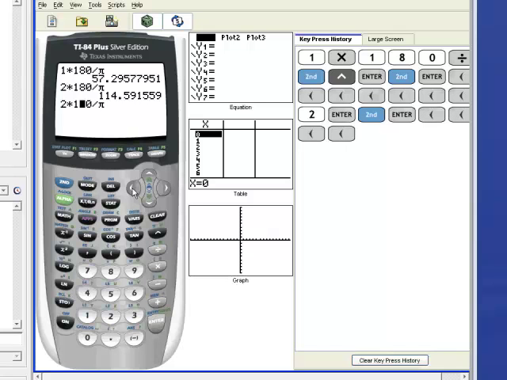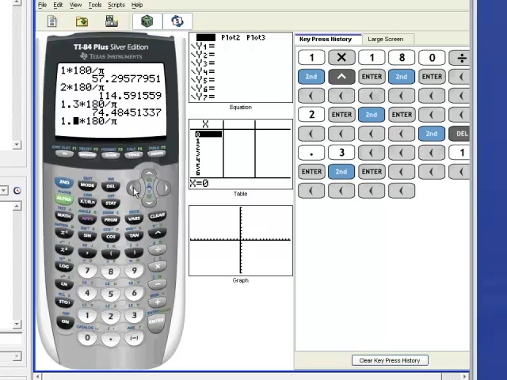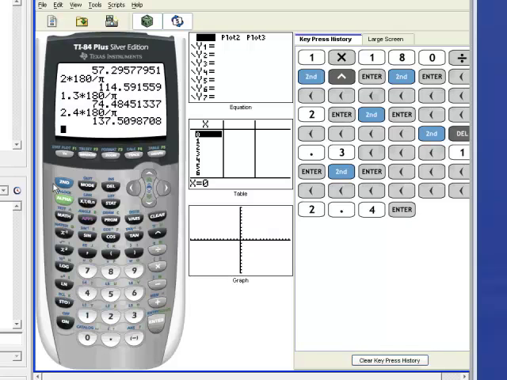I'll just use the second entry button. And then I guess it was a 1.3, 74.5 degrees. And the last one, 2.4, it's 180 over pi, 137.5 degrees. Plug in the results.